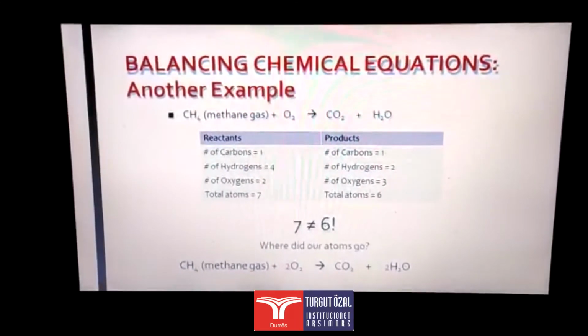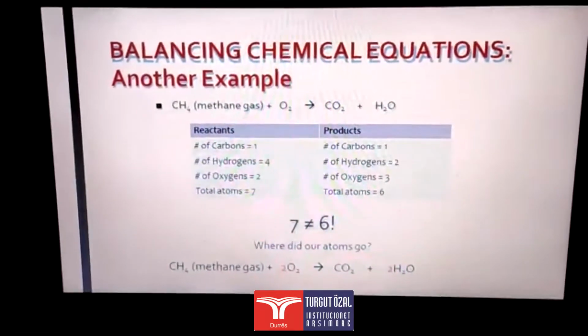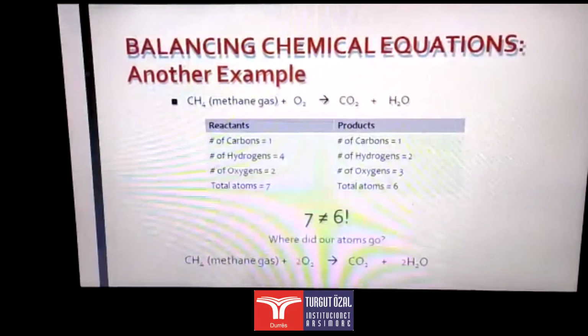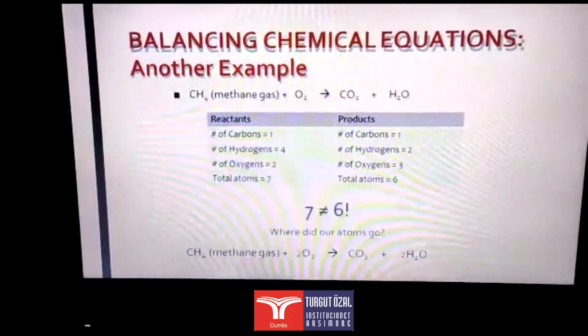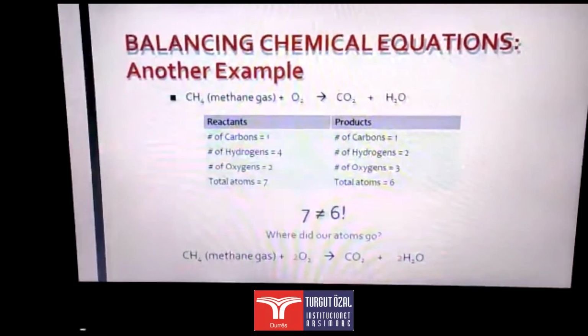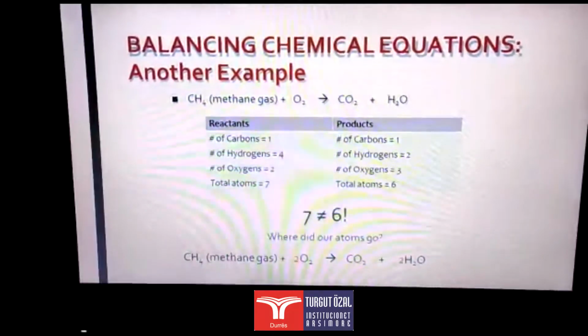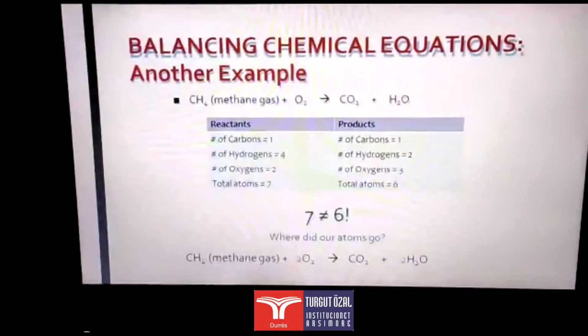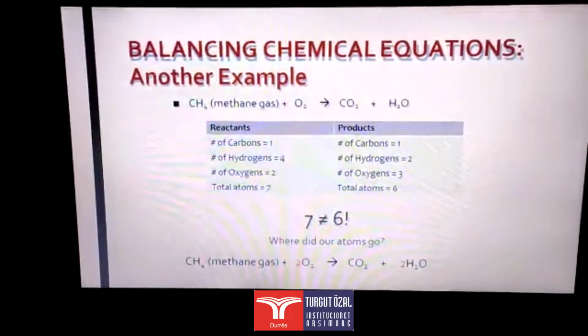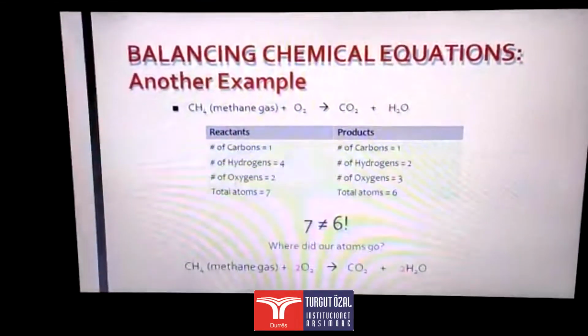Balancing chemical equations, another example. We have methane, which is a gas, plus oxygen gives carbon dioxide and water. First, we count the number of carbons. On the left side we have 1 carbon, on the right side we have 1 carbon, which is equal. We check the hydrogens. On the left side we have 4, on the right side we have 2.